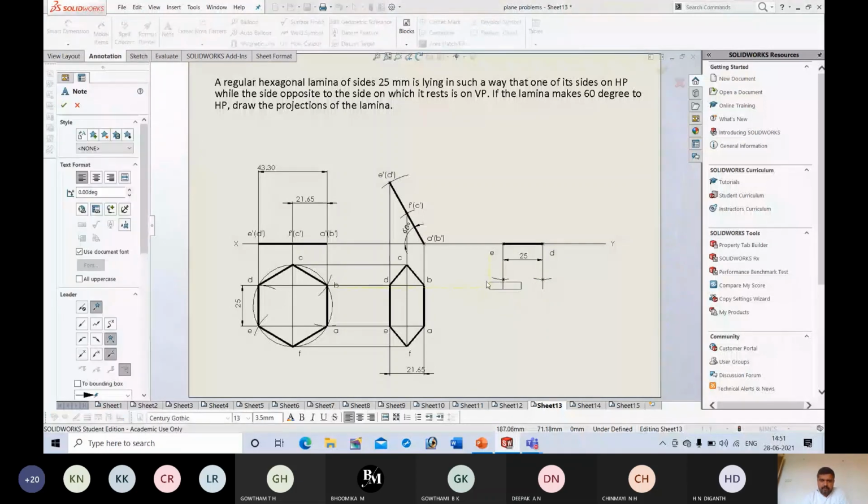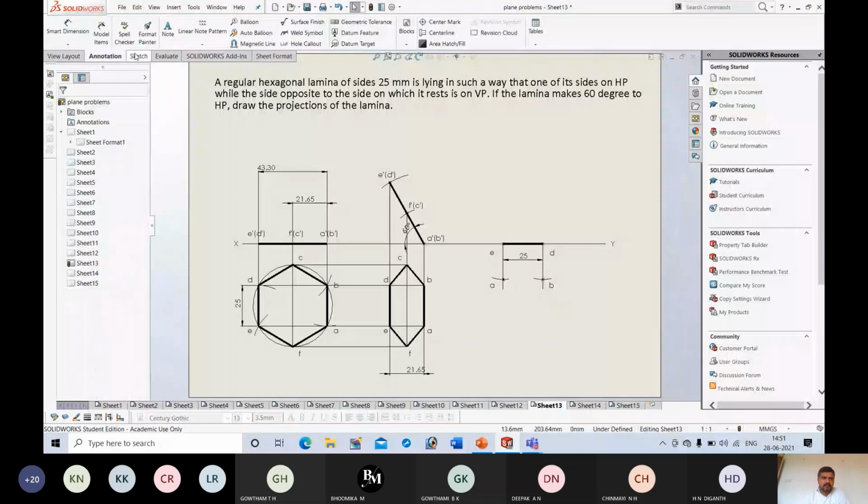So this is point A and this is point B. Next I will connect these two.